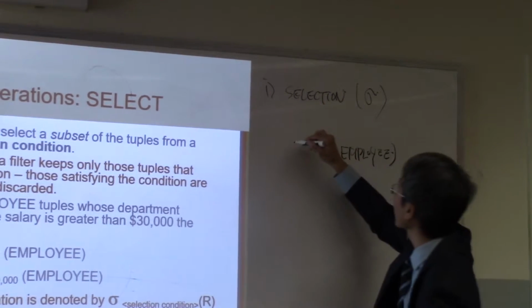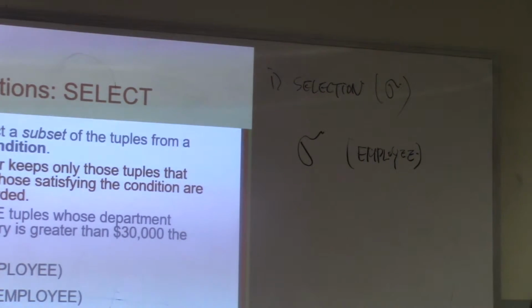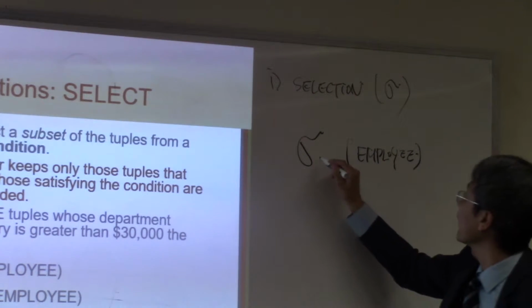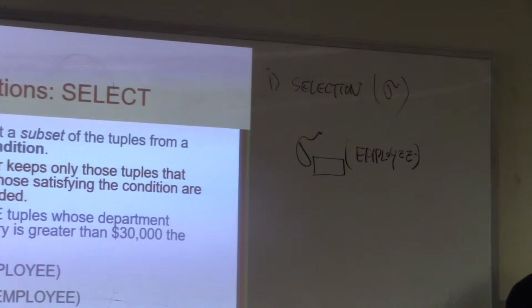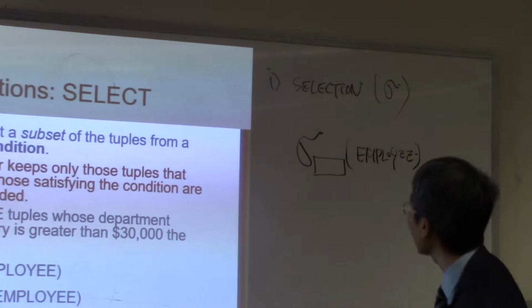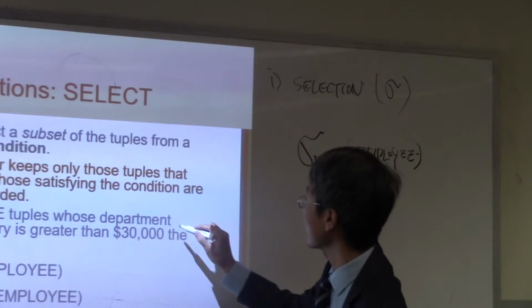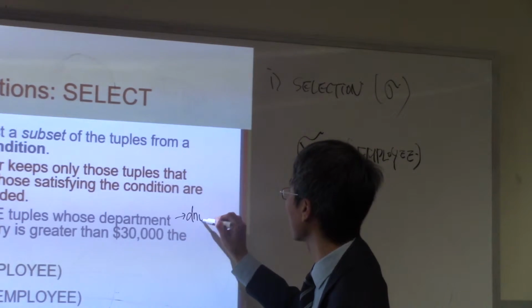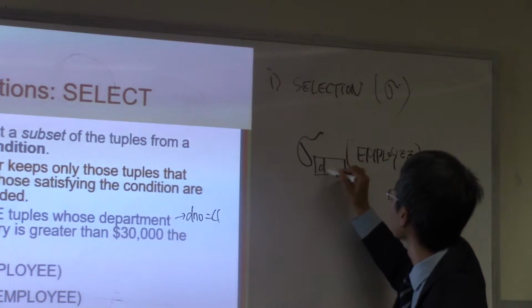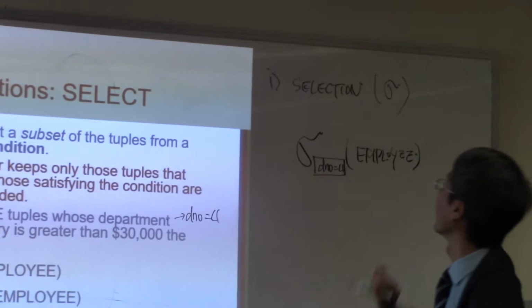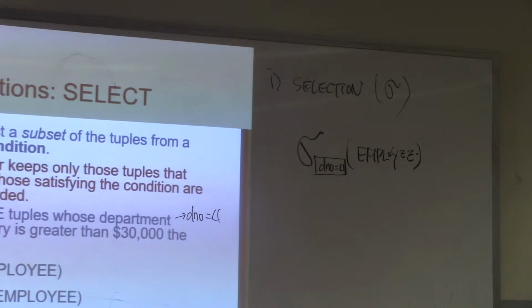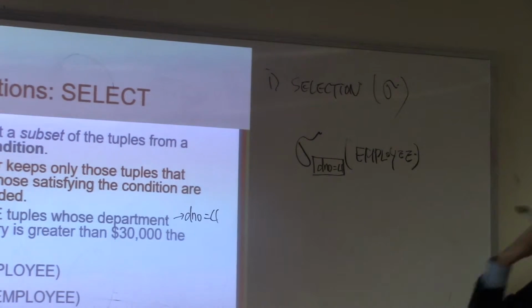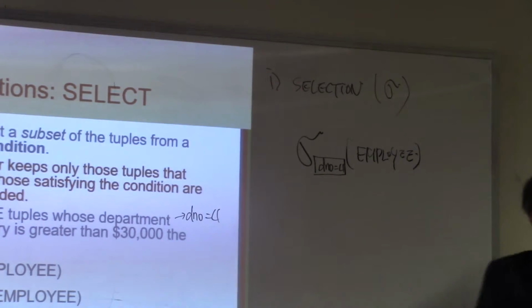And select. This is a selection. We try to select the employee. Then here as a subscript we can specify the condition. Not all tuples, but those where this condition, DNO is equal to 4, holds. Right? So this is the notation to access the data by tuple, which is called selection.